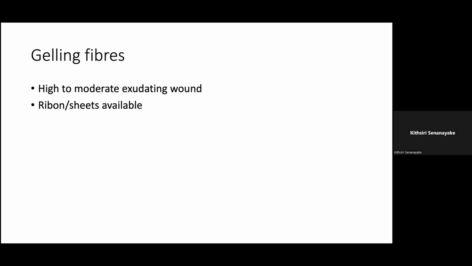When you put it on, it absorbs the exudate and becomes a gel. Once it has absorbed the fluid, you should remove it. Otherwise, if you keep it longer, it will absorb more fluid and can itself damage the surrounding skin, causing peri-wound maceration and delaying healing.